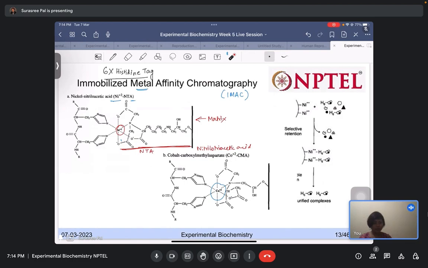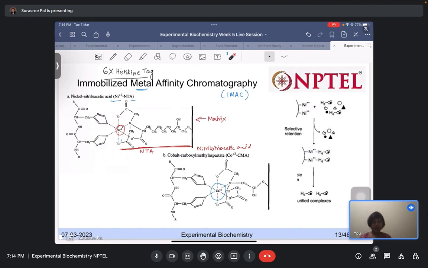In this nickel metal, you can see that there can be 6 coordination bonds that can form with this nickel atom, and 4 bonds are occupied by this matrix itself, but 2 bonds are open. So these two bonds are formed with the histidine residues of the protein.